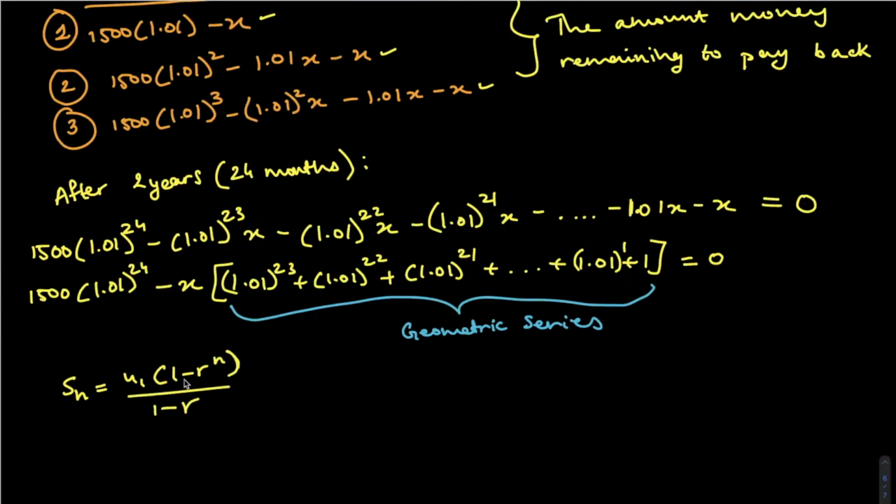I'm going to use the divergent formula here because the common ratio is 1.01, which is greater than 1, so I'm not using the convergent one, the sum to infinity. Now, what would my u1 be? I can take u1 to be either 1.01 raised to the power 23 or 1 itself.